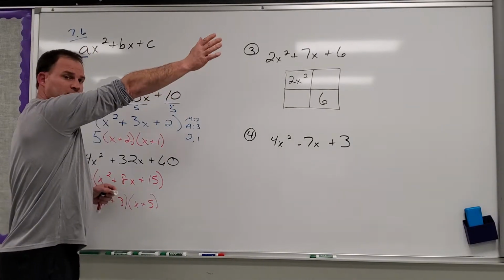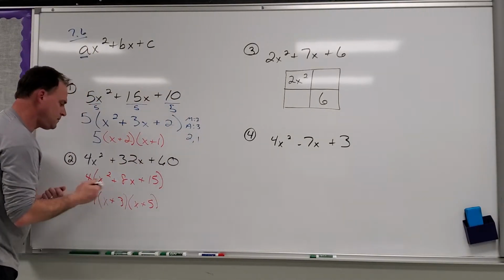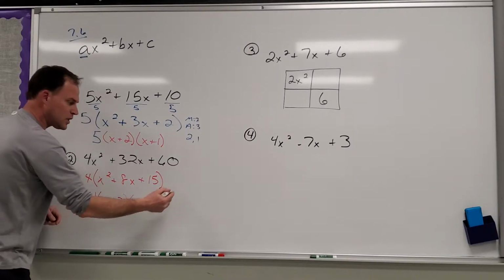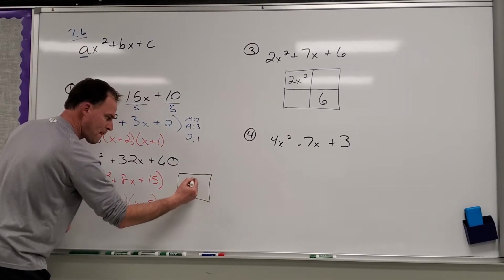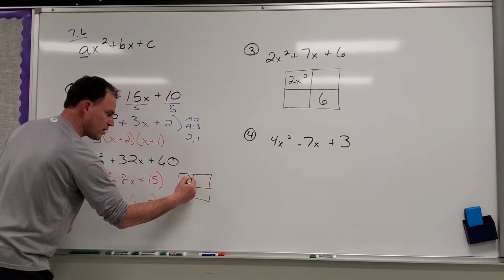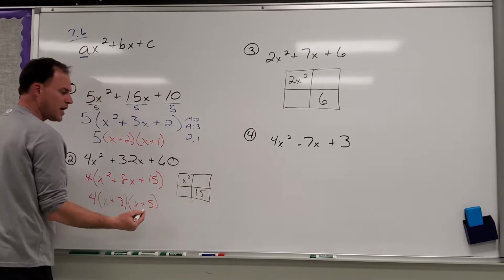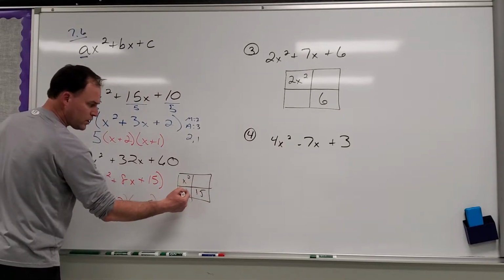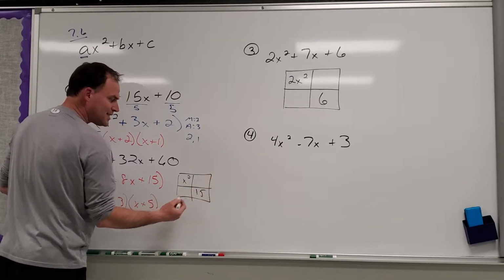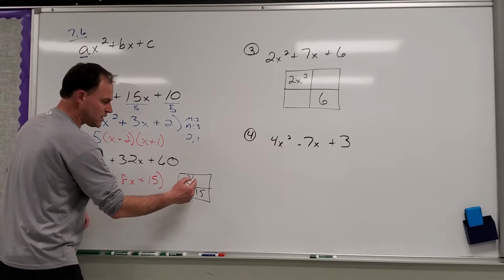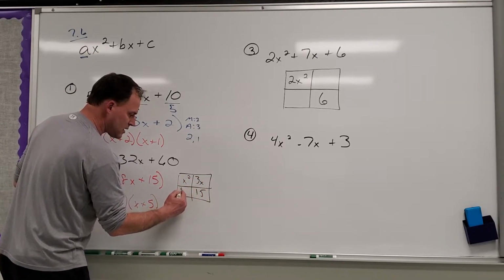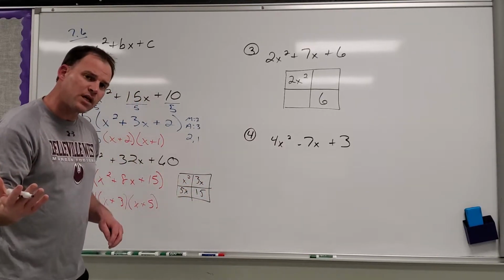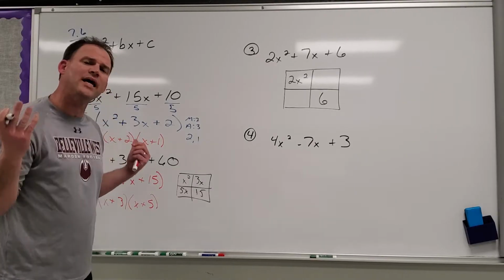Pause that thought for a second. Remember back to when we did these with the area problems. We had an x squared here, we had a 15 here, and we would multiply the 15 and add to the middle number. So we knew these 2 numbers added up to 8 and multiplied to 15. So this would be 3x and 5x. And that's great for the numbers, but the letters don't match up.